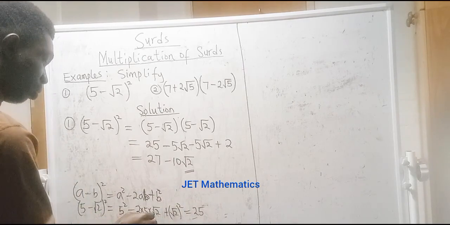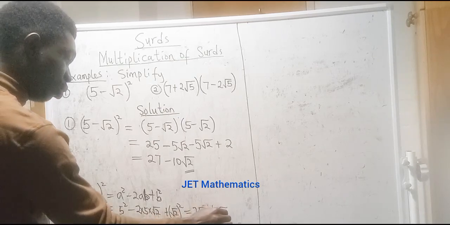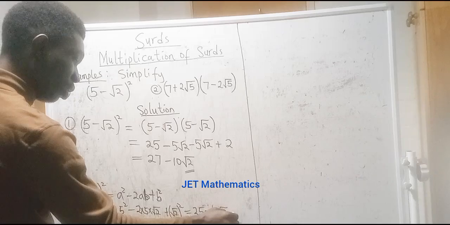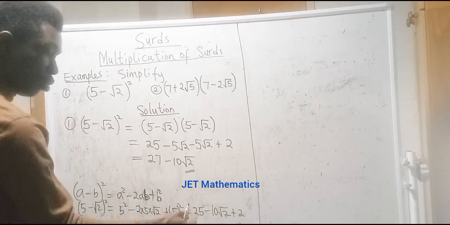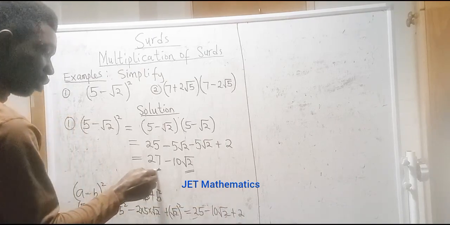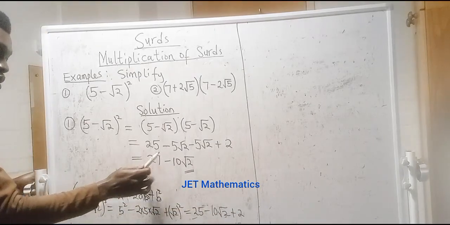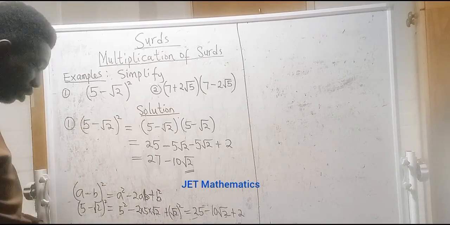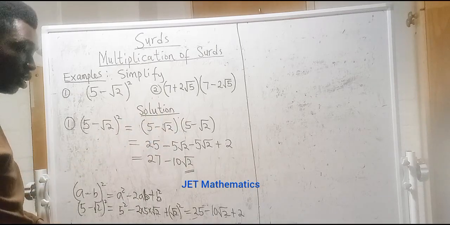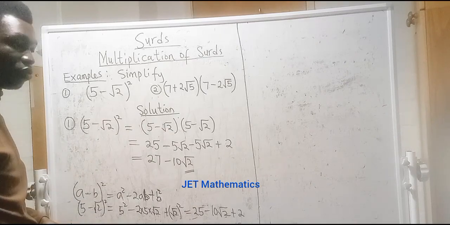This times this is minus 10 root 2, then root 2 squared is 2. So when you add 25 plus 2, that gives you again 27 minus 10 root 2. Okay, so you get the same result if you use your binomial expansion, or you can just expand like this as we have taught in our last video.